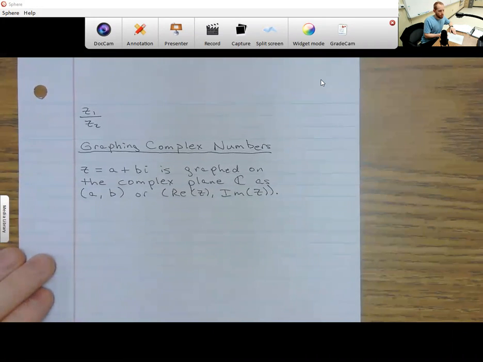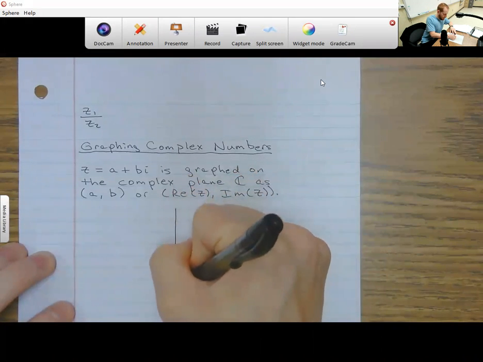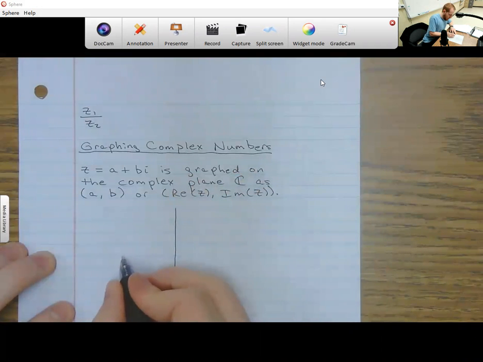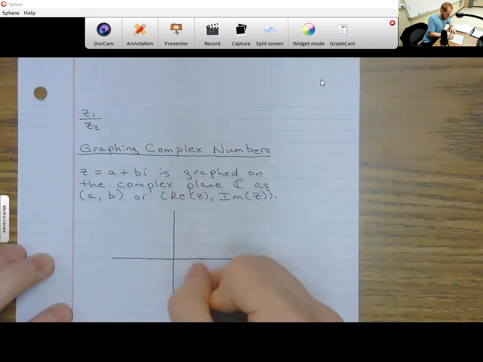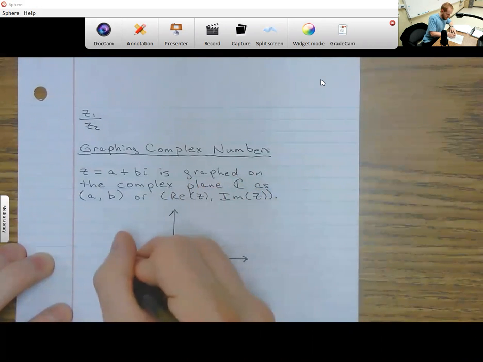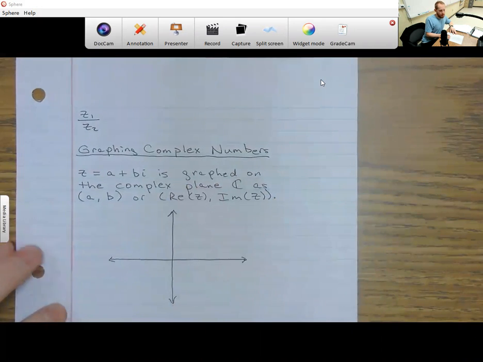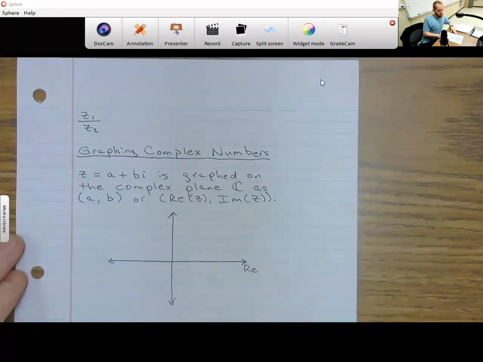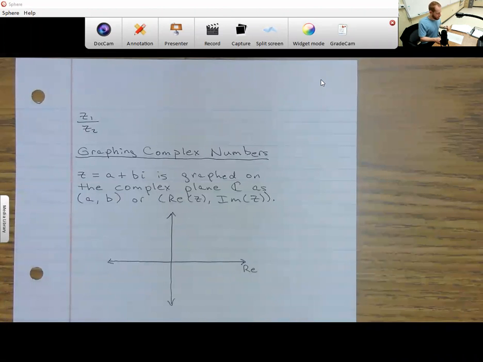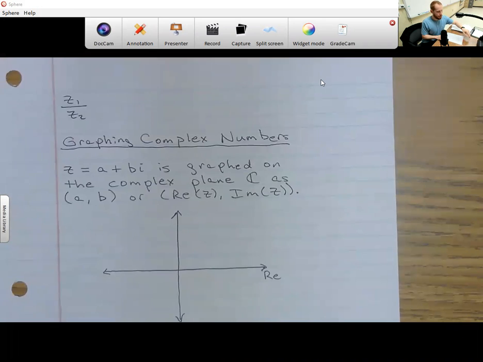So what we can do is draw a complex plane that looks like this. We're going to have an x-axis and a y-axis. So let me draw those real quick. When we do this, we're going to say that the x-axis is actually going to be the real axis. So over here, I want you to write RE, and RE stands for real. Then over here at the top, let's look at the imaginary axis.